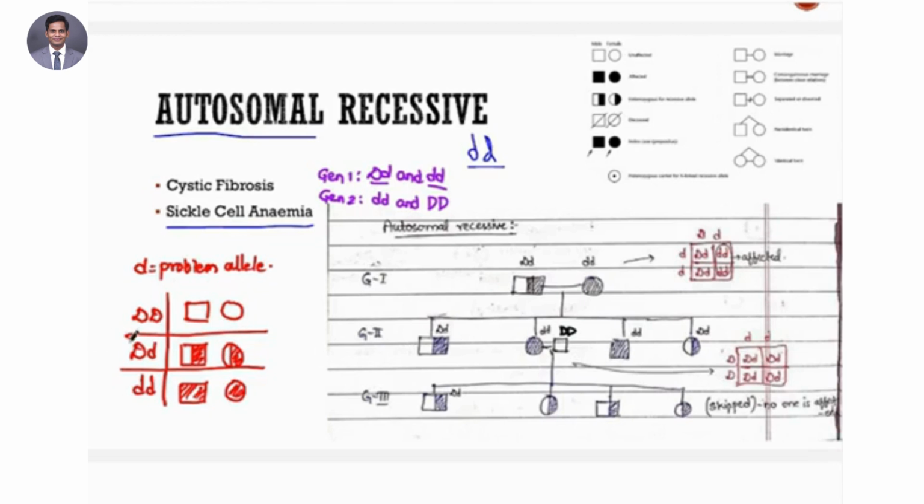Now let me ask you a question. How many are affected in the third generation? Vinod says zero. Is Vinod right?